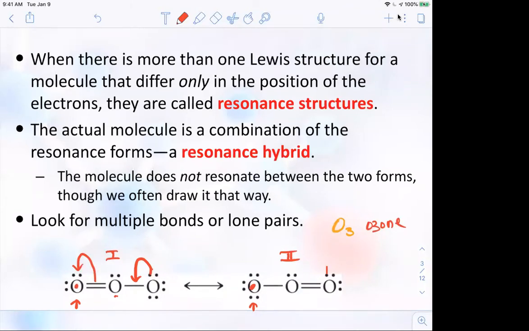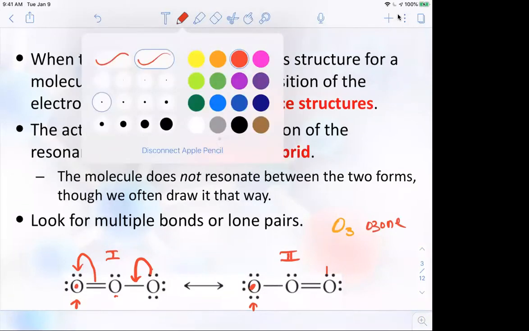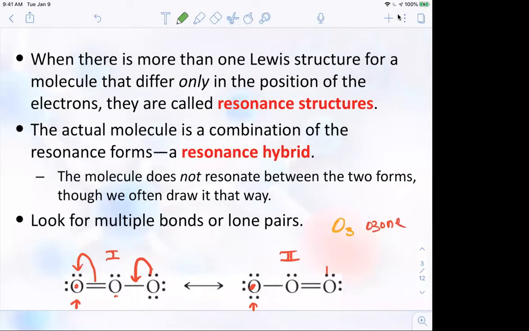And then if I do that arrow, I go from resonance structure 1 to resonance structure 2. I could also go the opposite way. If I want to go from resonance structure 2 to resonance structure 1, I can dump those electrons here and put those electrons out on that oxygen. My green arrows show the transition from 2 to 1.